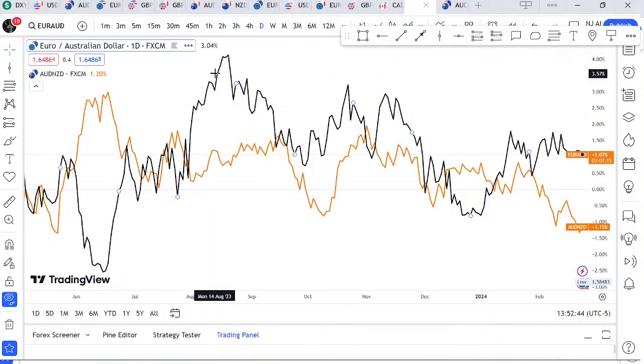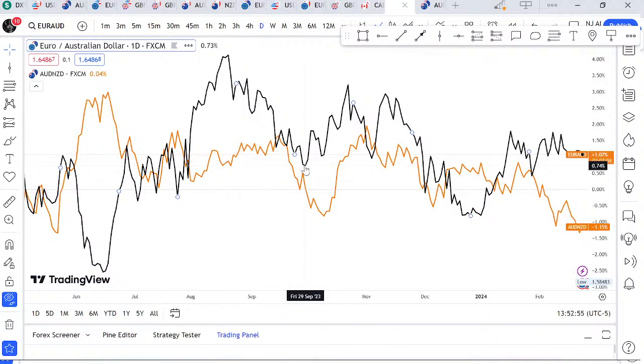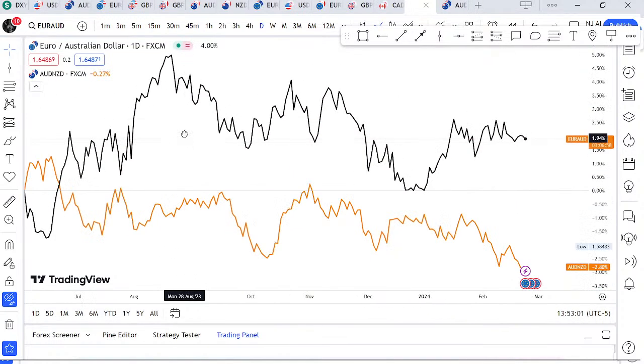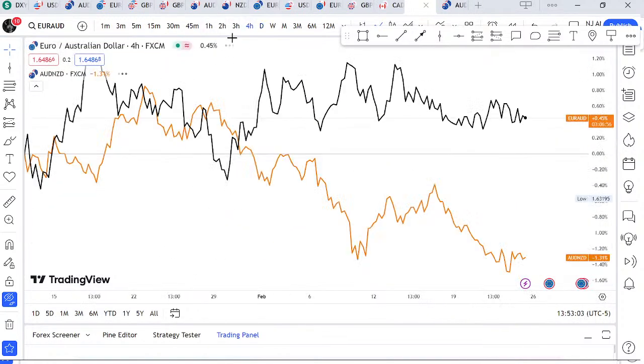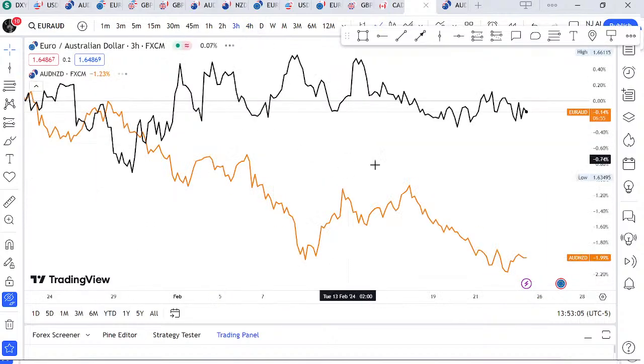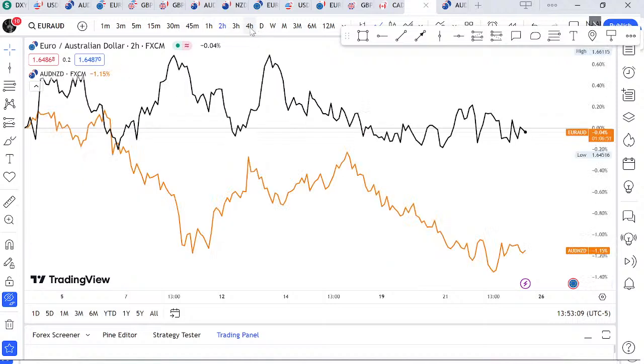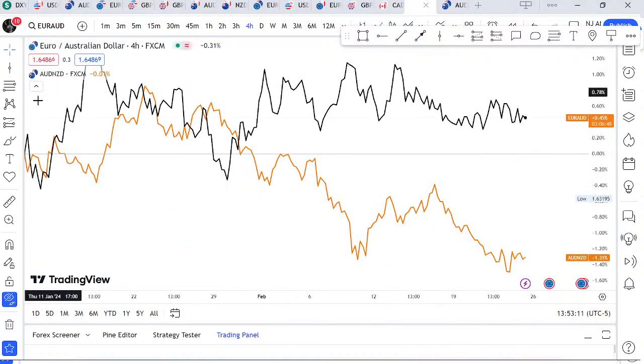This was pushing up very aggressively while this was moving slowly. Even at the time, it came down opposite each other. Look at this, it was going up while this was coming down. Then later it follows suit. So this is an example of negatively correlated pairs.